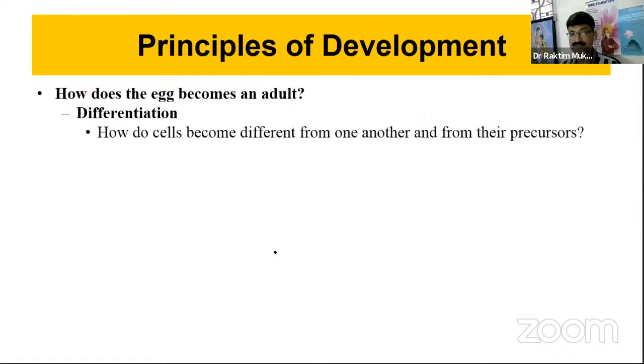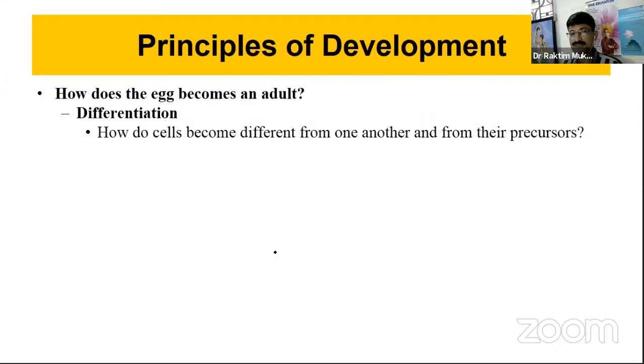The first principle of development is differentiation, or how an egg becomes an adult. One of the various ways by which an egg becomes an adult is differentiation.